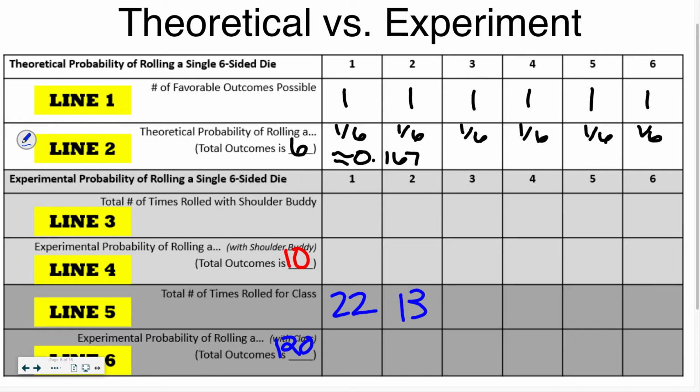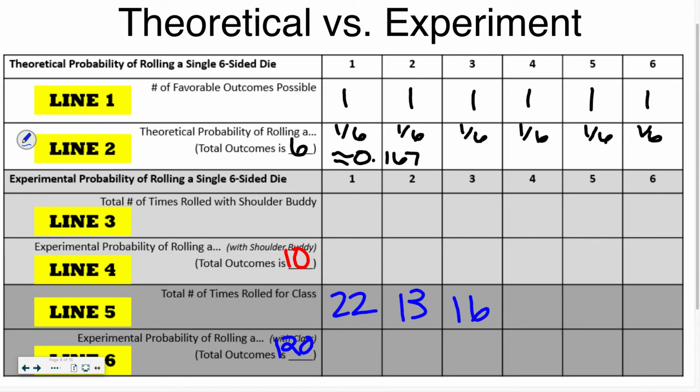How many times did you roll 3? 2, 4, 6, 8, 10, 10, 10, 11, 14, 14, 16.